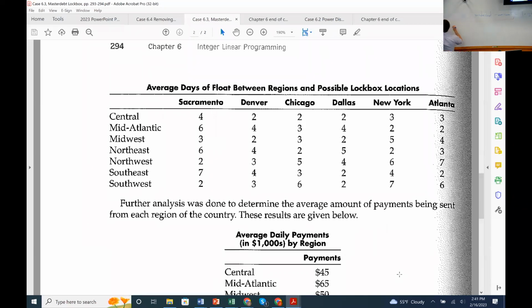I mean, right now, the objective function would be sort of minimize the sum over all ij combinations.